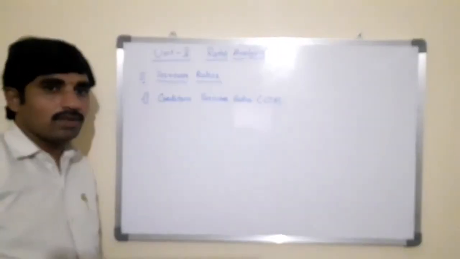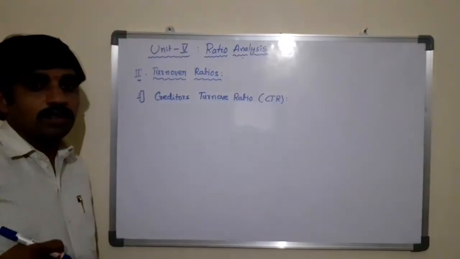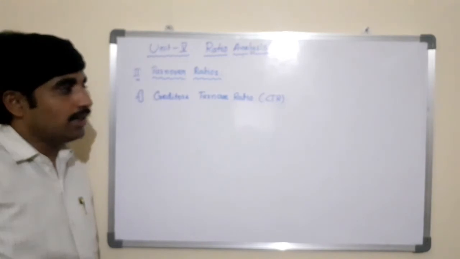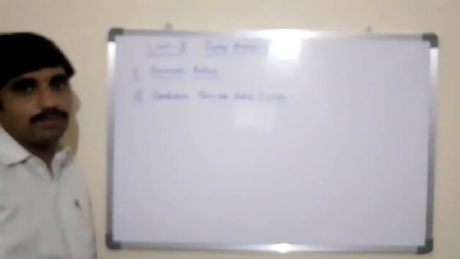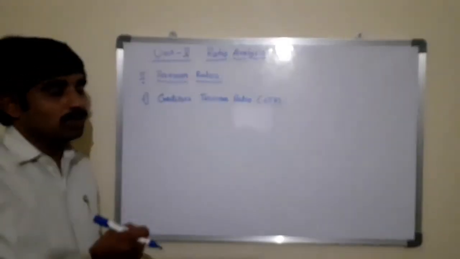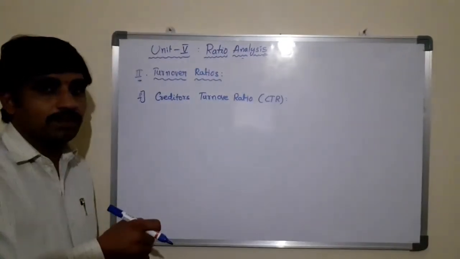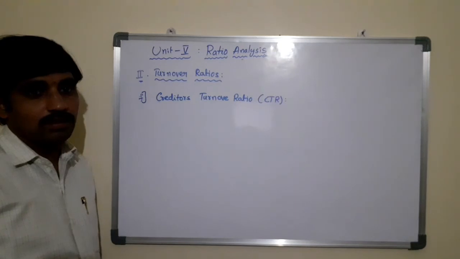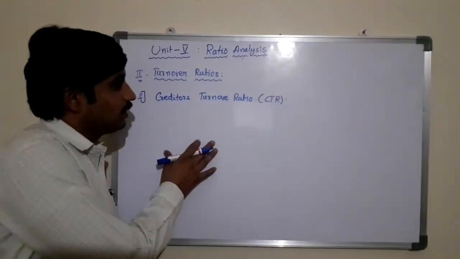The creditors turnover ratio explains the velocity with which creditors are paid and establishes the relationship between the creditors and the amount paid to them.